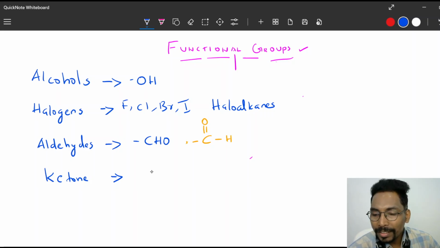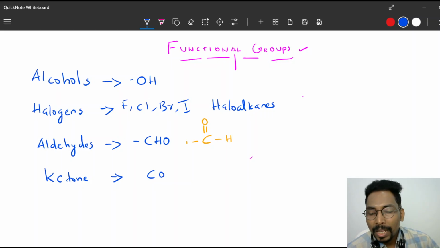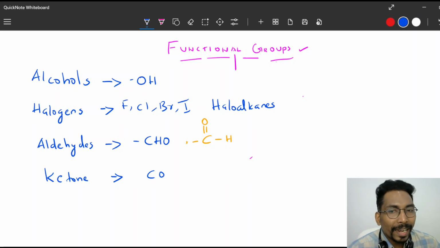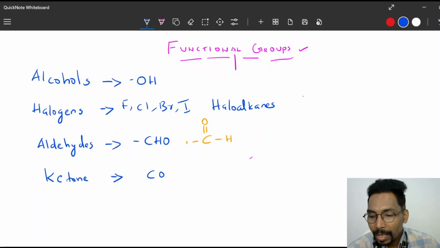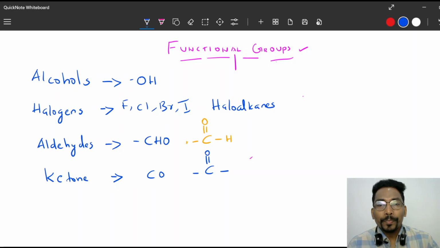Ketone is just CO. In organic chemistry, CO always means C double bond O. There will be a double bond between carbon and oxygen, and on either side of that C double bond O, carbon chains will be attached.